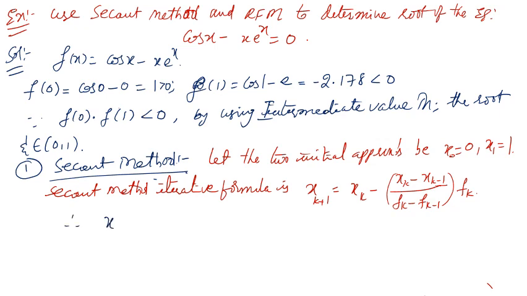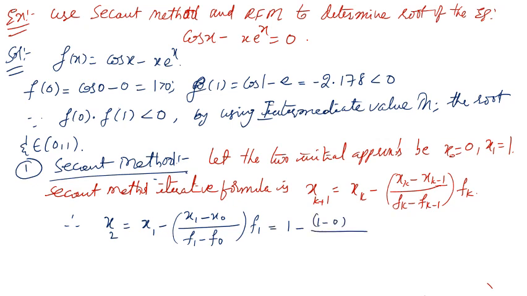Therefore, what is the x2 value? x0, x1 are already there. x2 equals x1 minus (x1 minus x0) by (f1 minus f0) multiplied by f1. x1 is 1, minus 0, by f1, which is f of 1, that is minus 2.178, minus f0, which is 1.